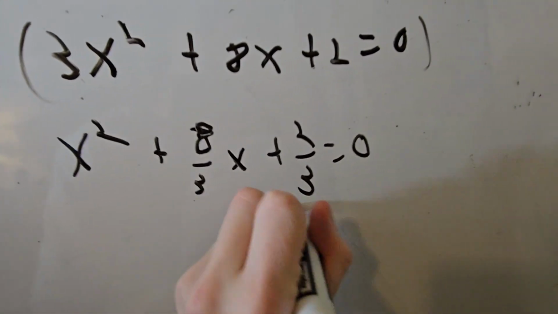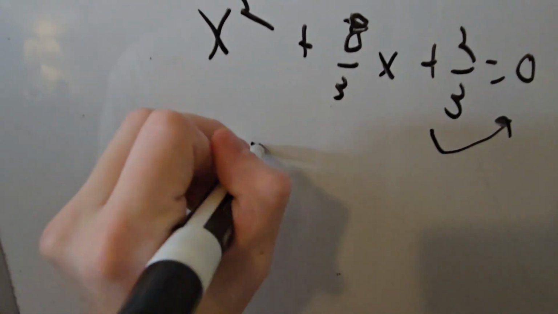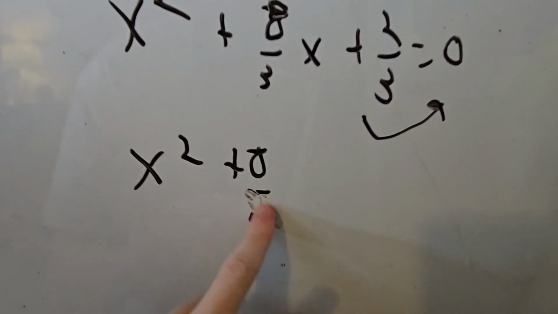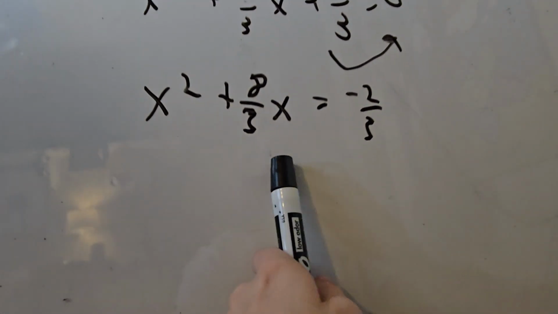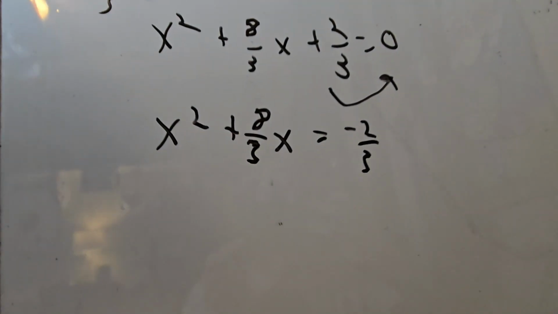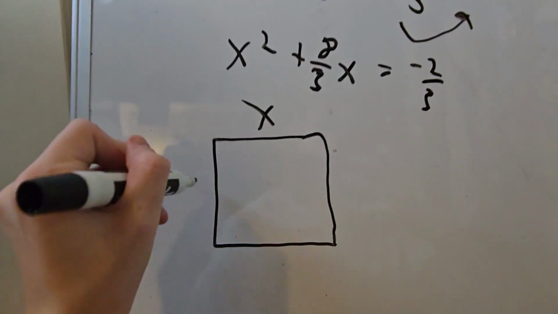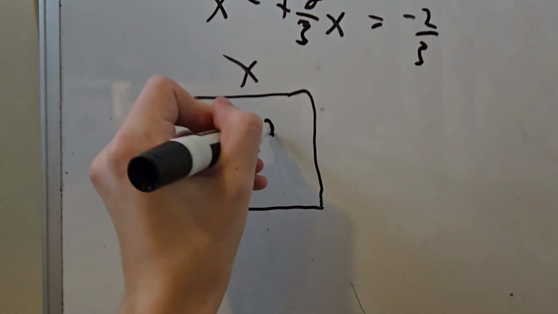Then we're going to move 2 by 3 to the other side. We're left with x squared plus 8... Nope, not 8/8. So we have x squared plus 8/3 x minus 2/3. Okay, same thing as before. We're going to create a square. Side lengths are x. The area is x squared.